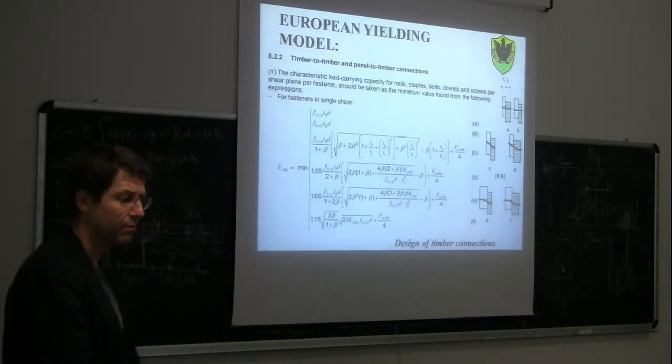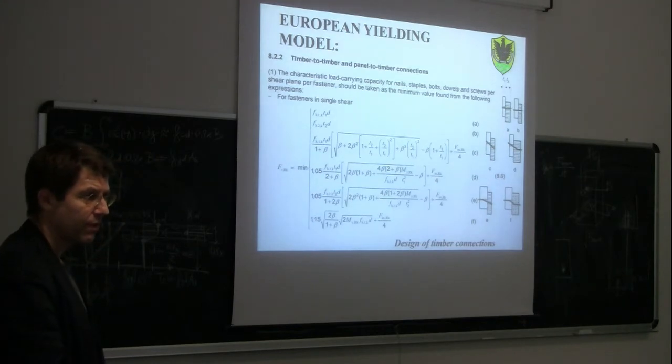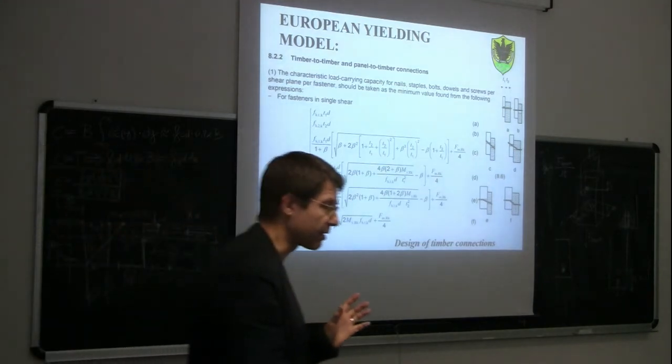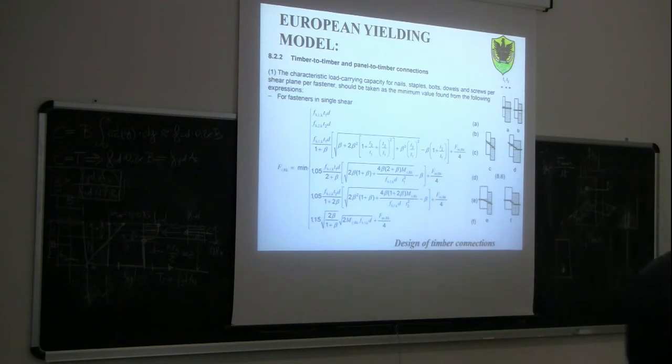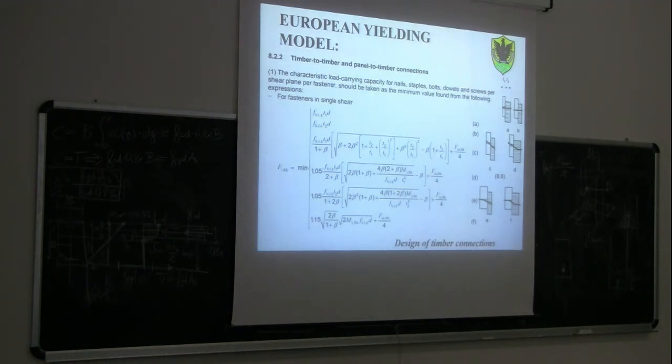Okay? The fact that we can know the actual failure mechanism is very important, particularly when we are going to design a timber connection in seismic area. Because in seismic area we will have to design a connection in order to be dissipative, so to dissipate lots of energy.